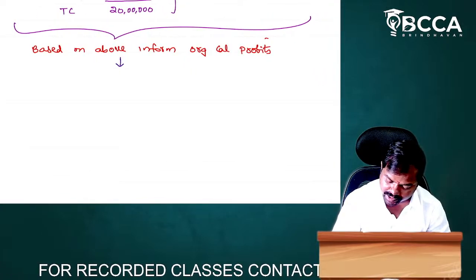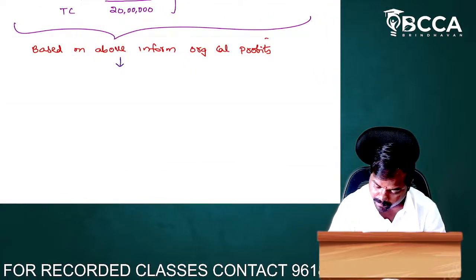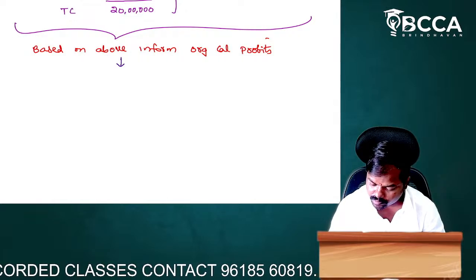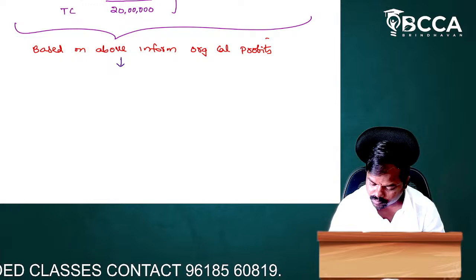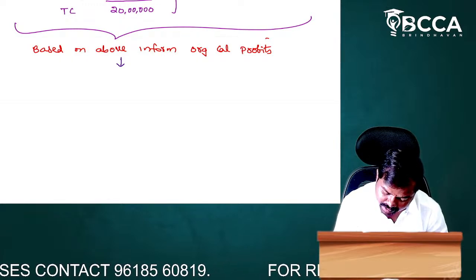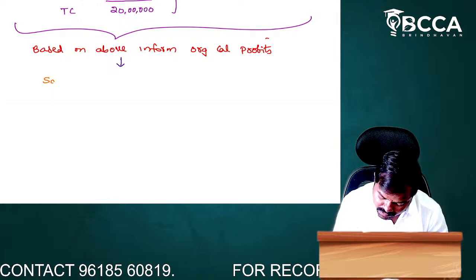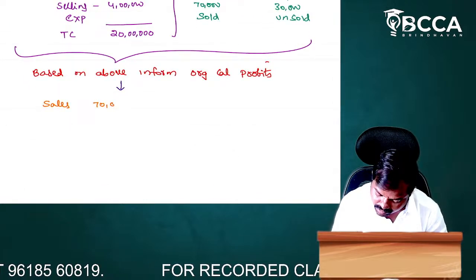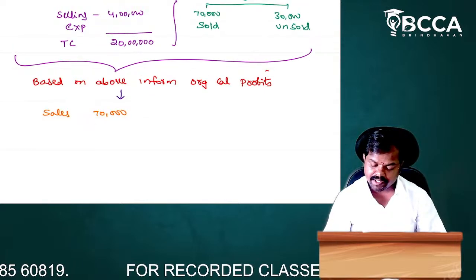How did they calculate? Listen carefully. Sales. How many units did they sell? 70,000 they sold. Is it clear?